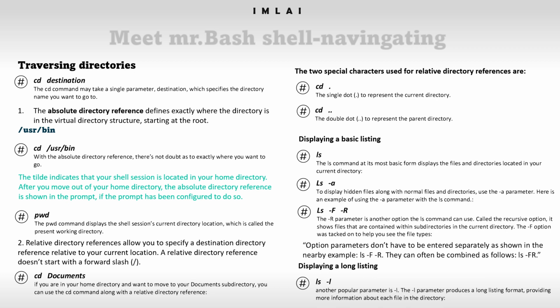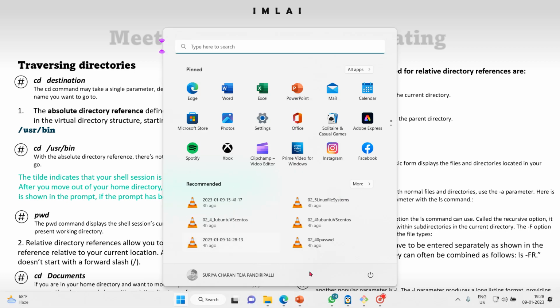The first line in the output shows the total number of blocks contained within the directory. After that, each line contains the following information about each file or directory.